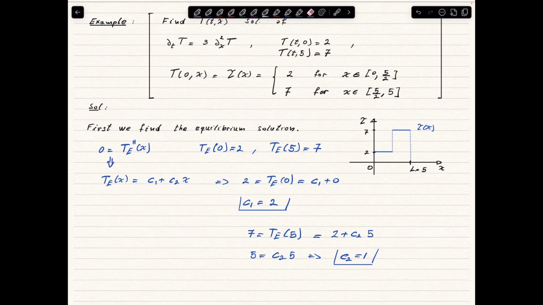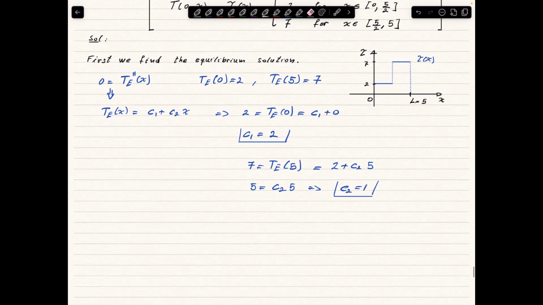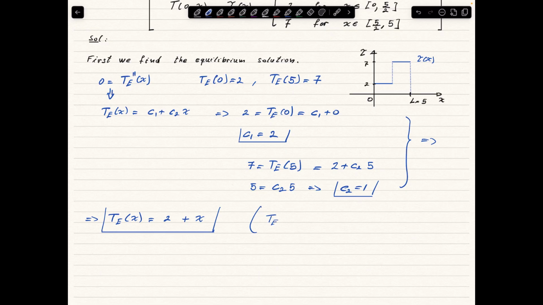So we got the two constants, and all this calculation means that we got the equilibrium temperature. The equilibrium temperature is going to be 2 plus the constant 1, so plus x. Recall that we had a formula for the temperature in the theorem.